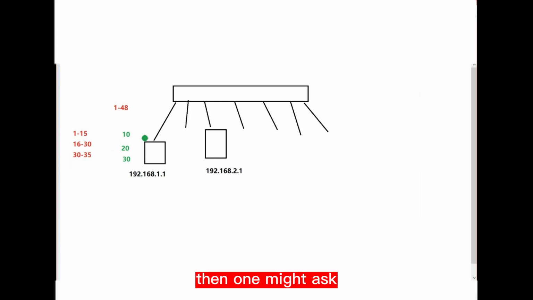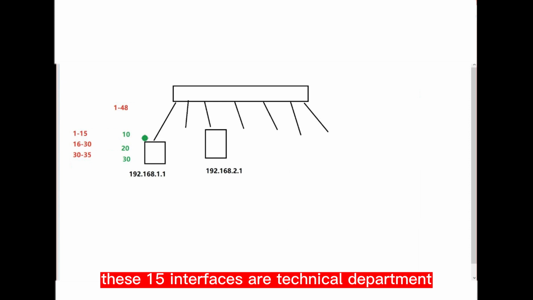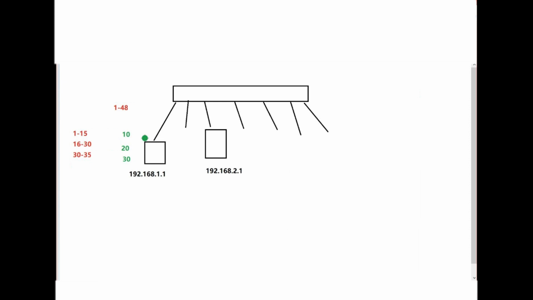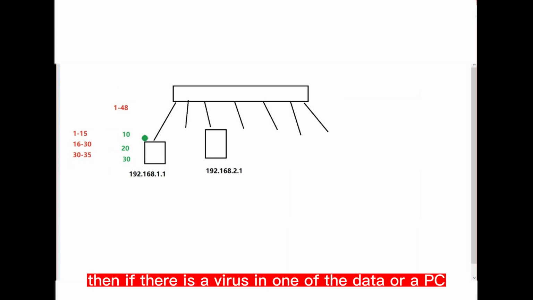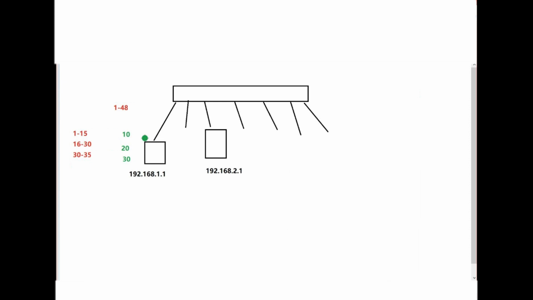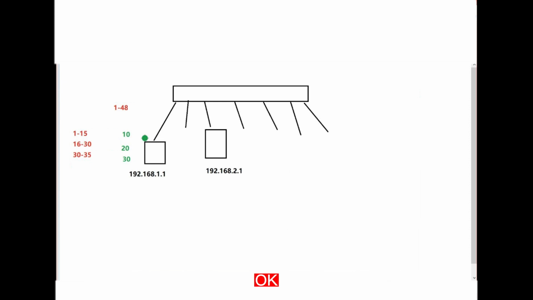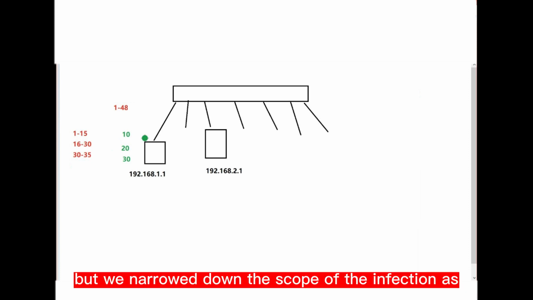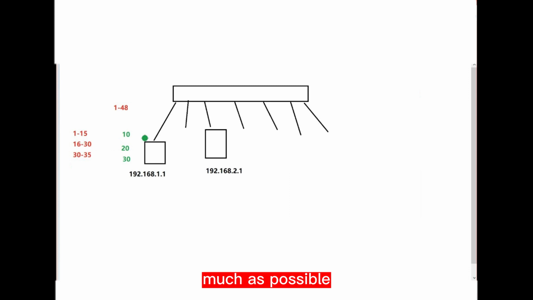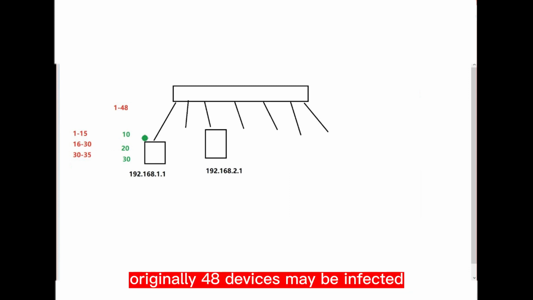Then one might ask: these 15 interfaces are the technical department. If there is a virus in one of the PCs, what about it being sent to other devices? Okay, they also get infected. But we narrow down the scope of the infection as much as possible. Originally 48 devices may be infected.